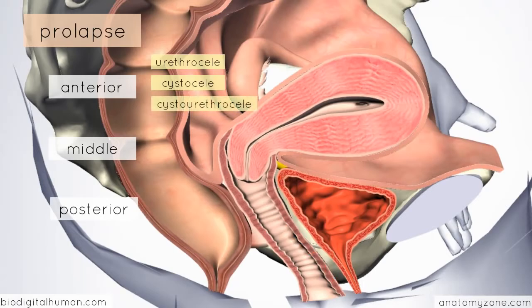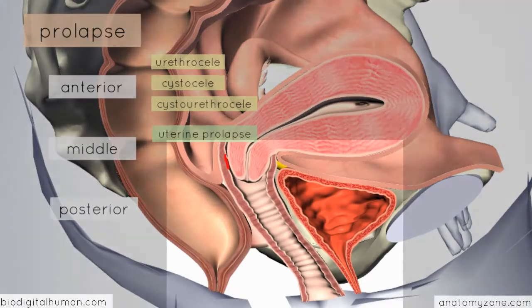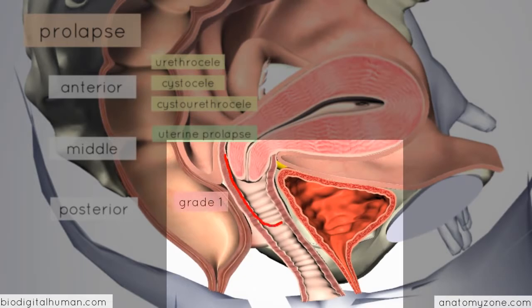So in terms of the middle compartment, you can obviously get the uterus itself prolapsing through the vagina. And a uterine prolapse is graded from 1 to 3, depending on the extent of the descent of the uterus through the vagina. So a grade 1 prolapse is only slight descent, so you get prolapse that is contained within the vagina.